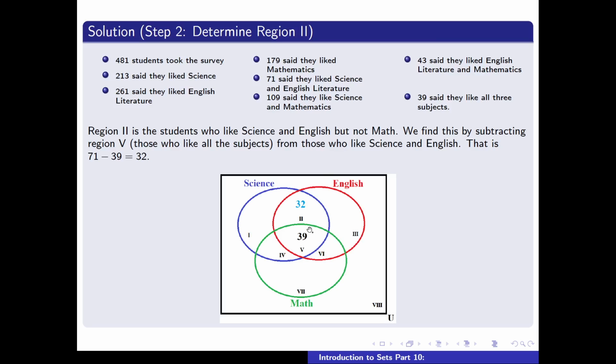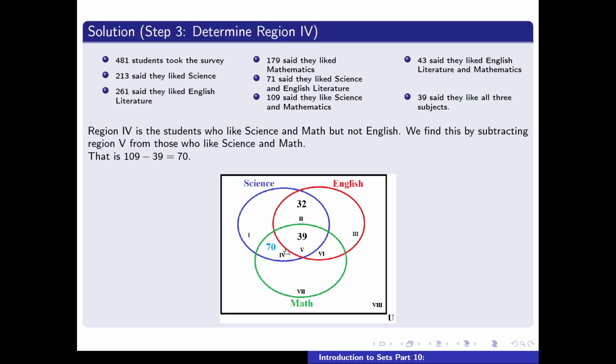So we know that these two regions, 2 and 4, correspond to the number of students that like science and English. So the sum of their cardinalities has to be 71, because we know there were 71 responses that liked science and English. Well, since we already know that there are 39 students in region 5, we subtract 39 from the 71 to get how many are in region 2 here. So 71 minus 39 gives us 32. That goes in region 2 there.